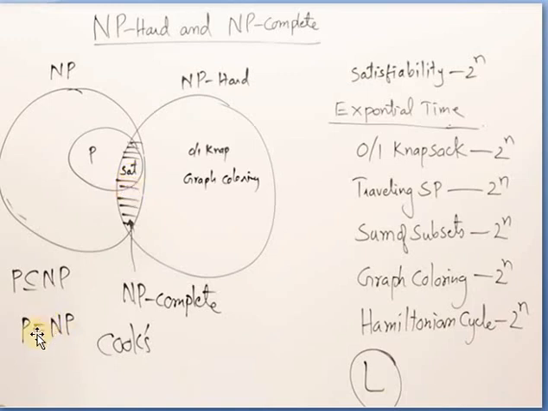So if satisfiability lies in P, then P is equal to NP. That is the statement of Cook. That is the theorem of Cook.